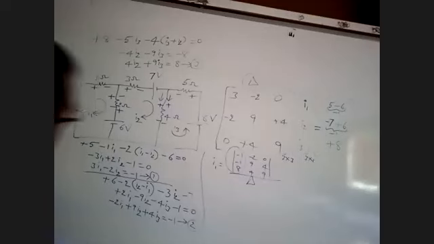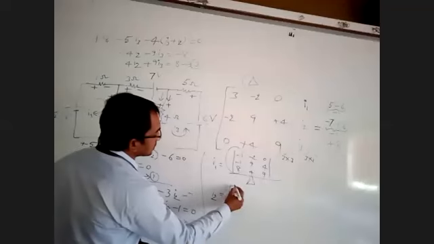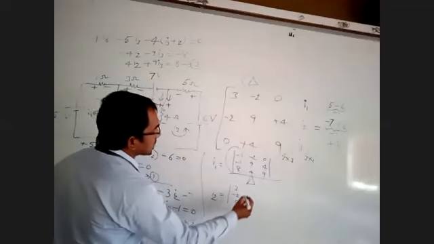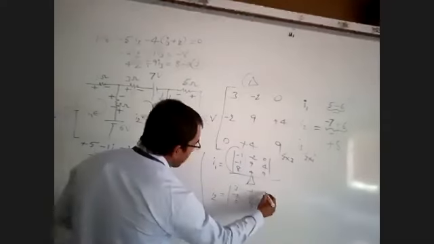Similarly, I2 is equal to delta 2 by delta, replacing the second column with voltage sources.